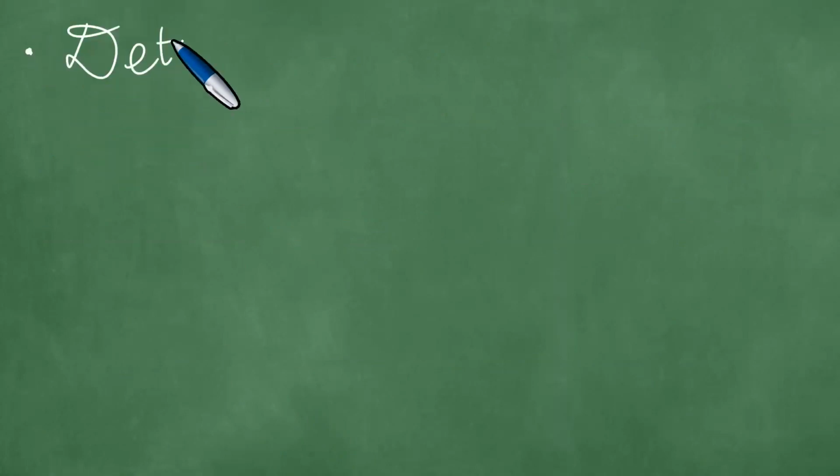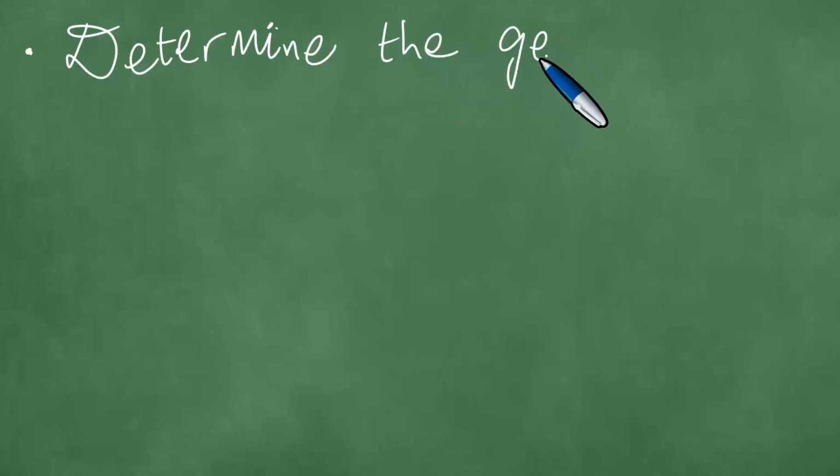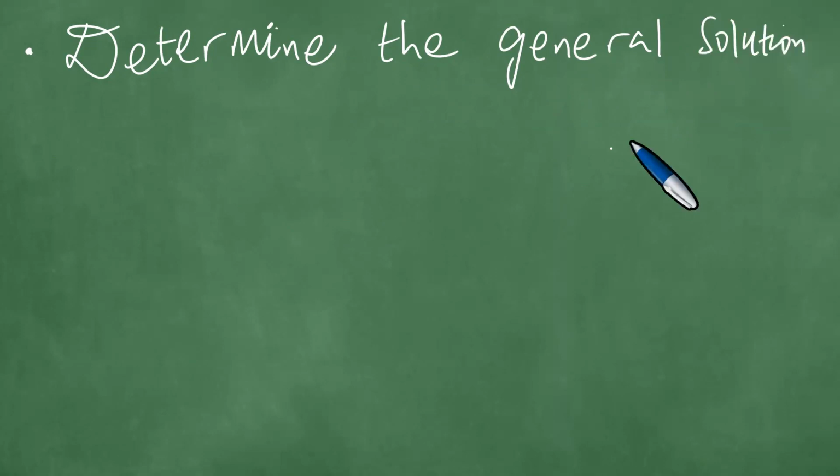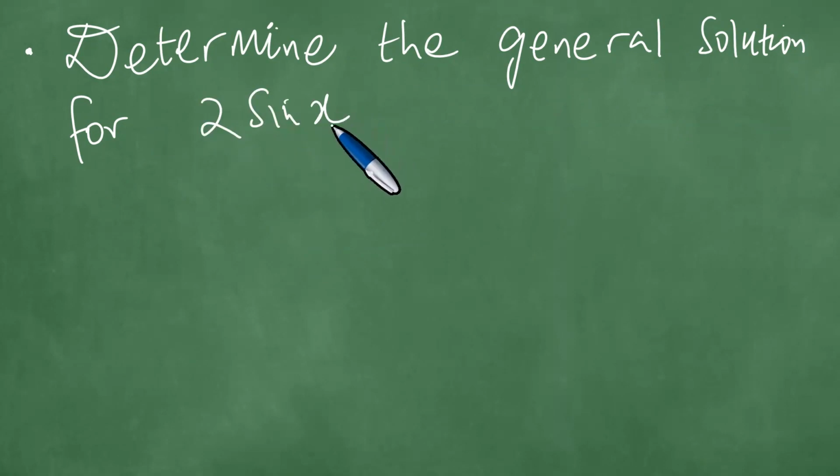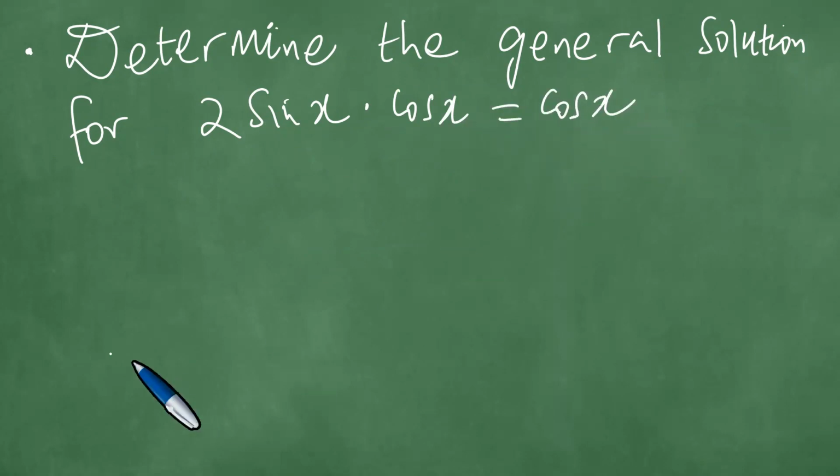Determine the general solution for 2 sin x cosine x equals cosine x, and look at the solution to this in a step-by-step manner.